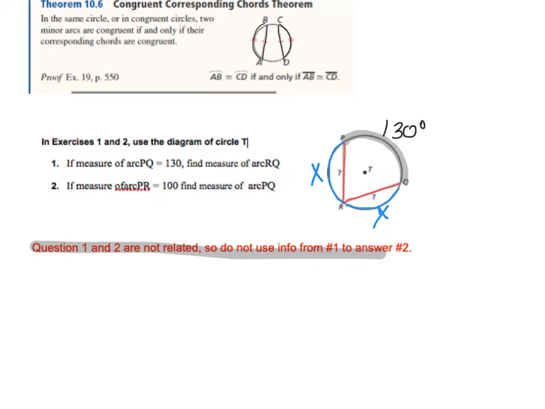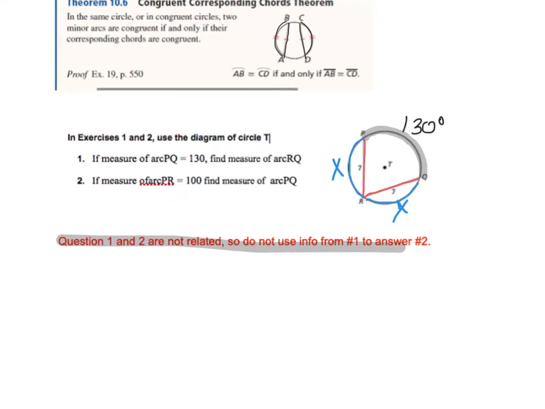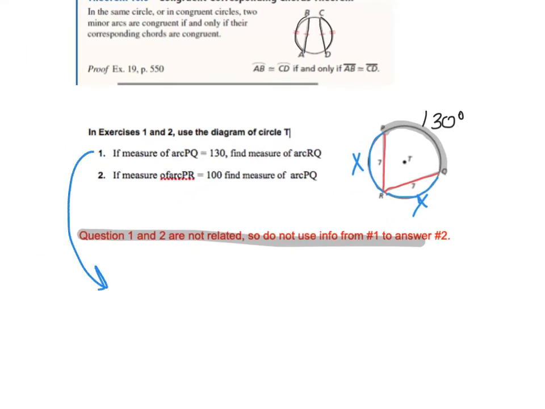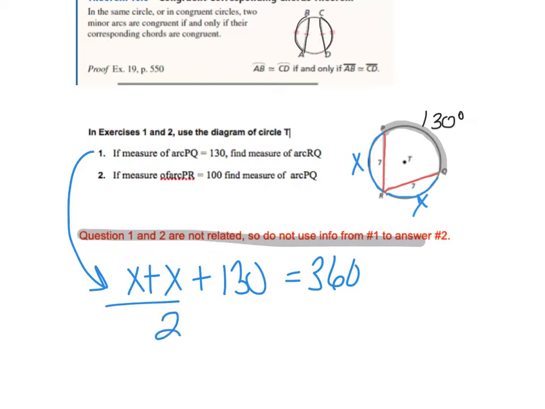So let's write an equation for that. For question number 1, we can write it down here. I have both of those x's, both of those arcs, plus that other arc, 130 degrees, all the way around the circle would be 360. I can put my x's together and get 2x plus 130 equals 360.